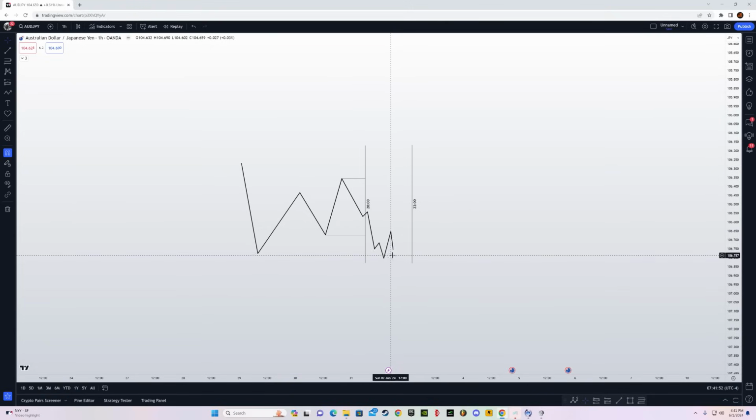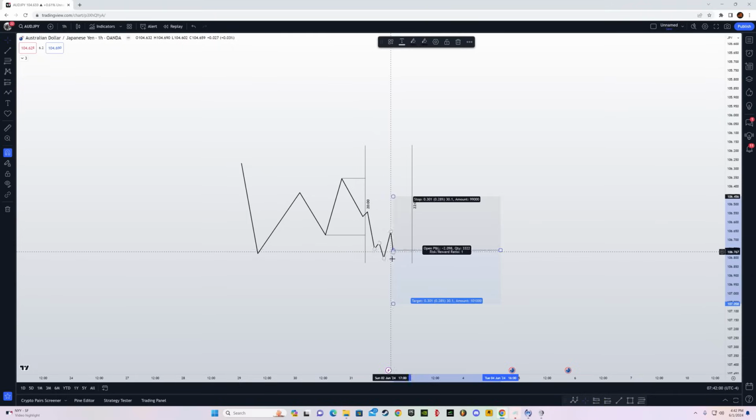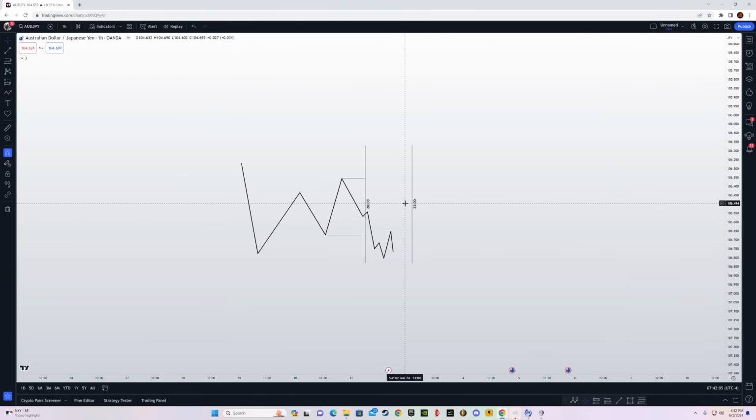Primarily, I would be taking my entry from the extreme fair value gap. So you simply take your long right here, put your stop right below the low, and you go for 1 to 2 or 1 to 3, or you target this high over here, right? You of course would be taking partials along the way if you are holding till this high.